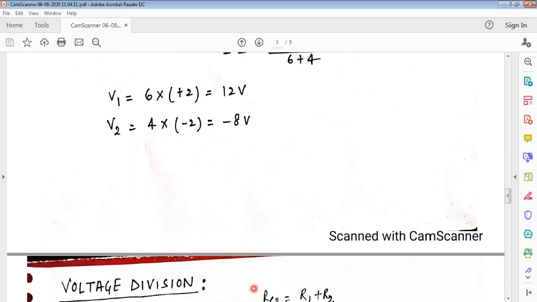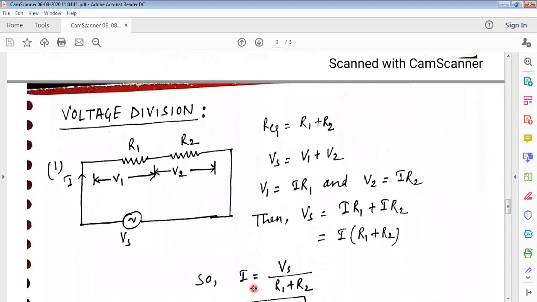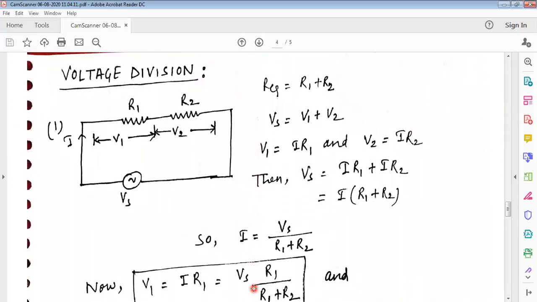while writing the KVL. So next is your voltage division rule. Voltage division rule means if so many elements are connected in series and drops are given across all the elements, how to find the individual drops with respect to your total supplied voltage. So let's say in this circuit, two resistors are connected, R1 and R2.